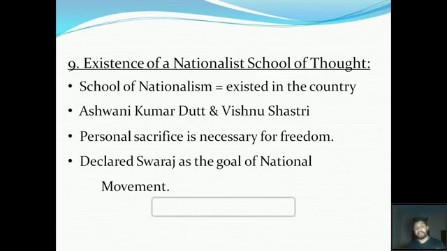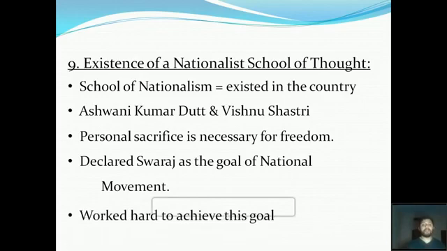Because if the British remain in India, India will remain their colony, and a government functioning under the British may not be able to take any kind of action because the British will control even that. So that's why they declared Purna Swaraj, or Swaraj, as the goal of the national movement, and they worked hard to achieve this goal.